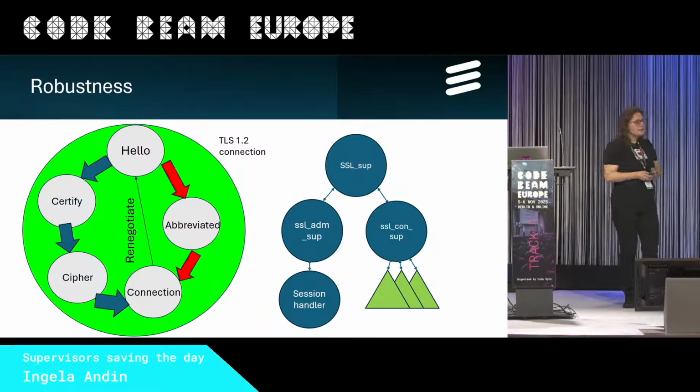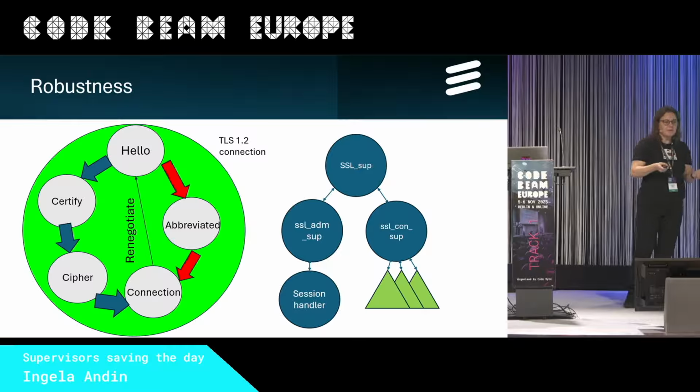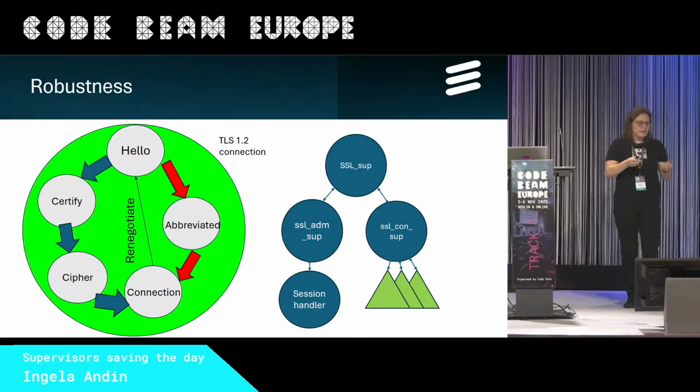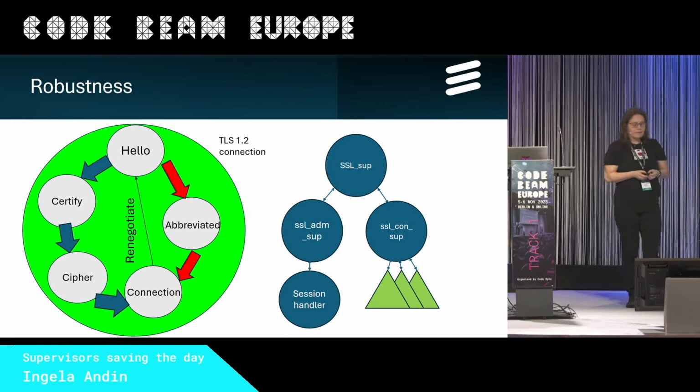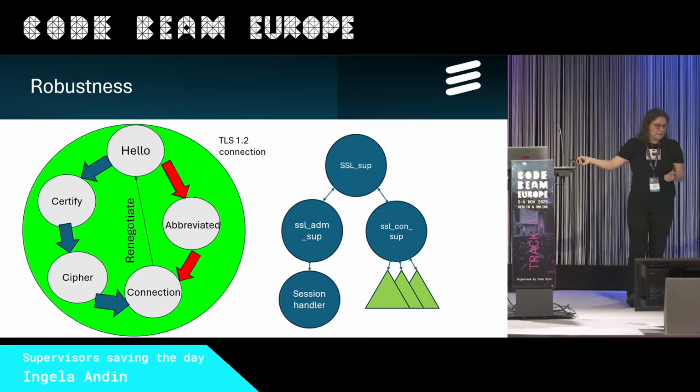And now let's say that we have a bug. So when we reach the maximum number of sessions that we save, the session handler crashes. And our supervisor will restart it with an empty session database. Okay? But this is pretty okay, because none of our connection processes went down, and none of our ongoing connections were really affected, because they can always fall back on making a full handshake.